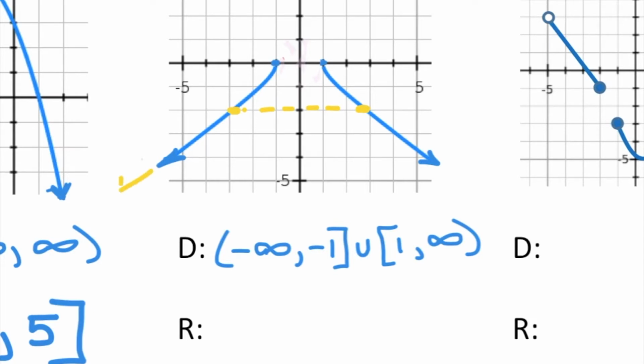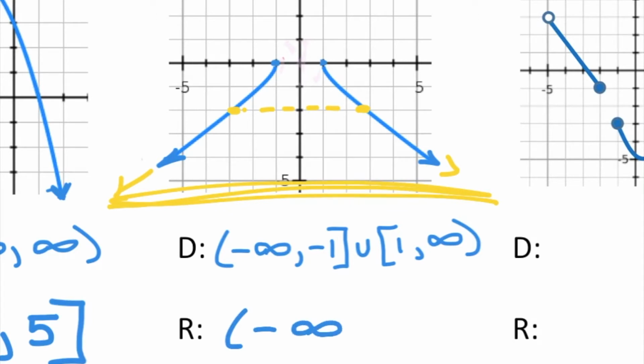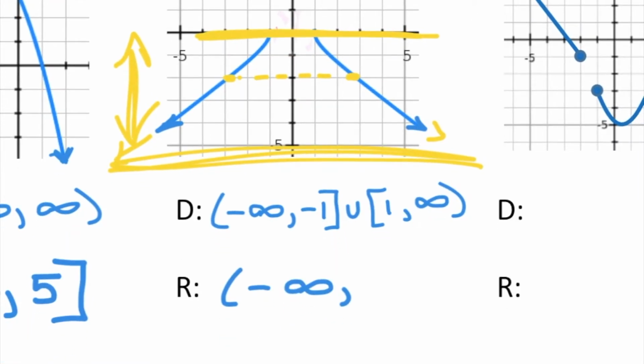And because it goes to negative infinity here and negative infinity here, the bottom of the graph is negative infinity. The top of the graph is 0. And so this whole graph happens between negative infinity and 0. And so my range is going to be negative infinity to 0, and it includes 0.